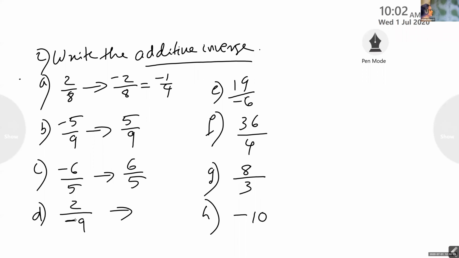Actually, we can write this as negative 2 by 9. The negative we can take into the numerator. So its additive inverse will be 2 by 9 only. Negative of 2 by negative 9. So it is 2 by 9.